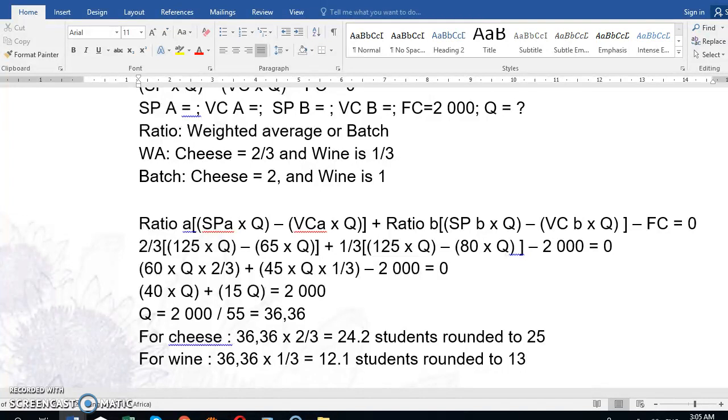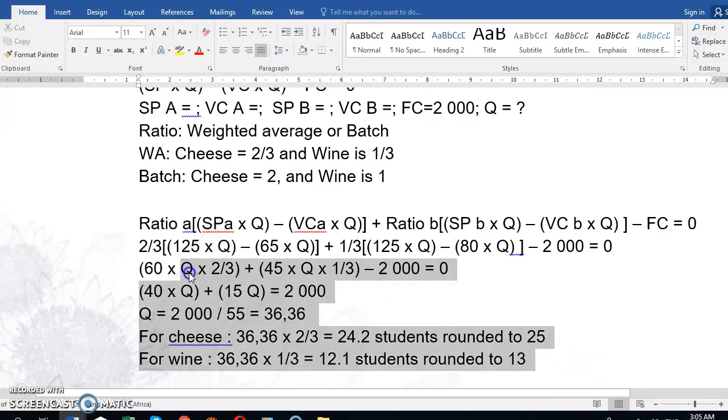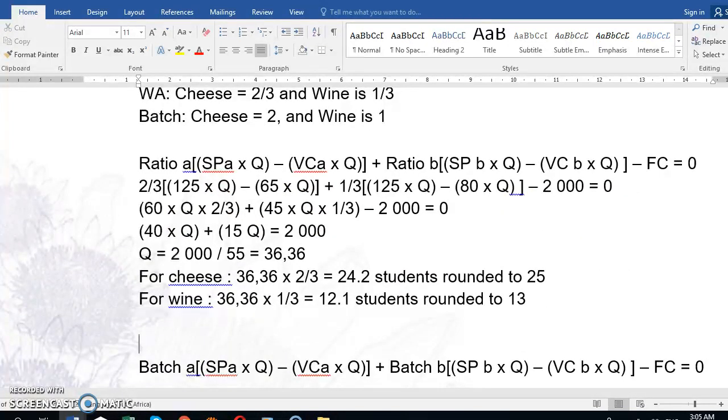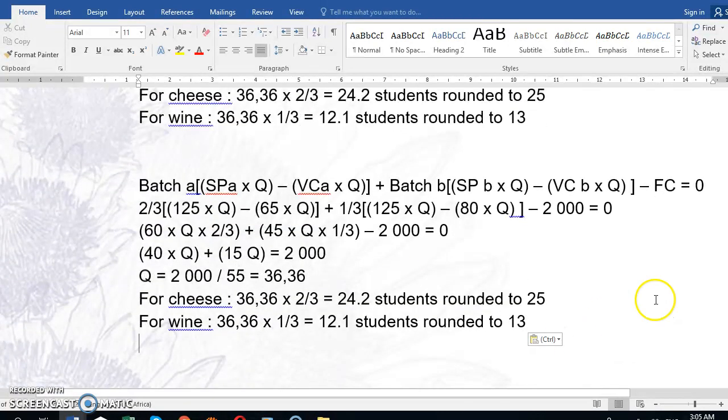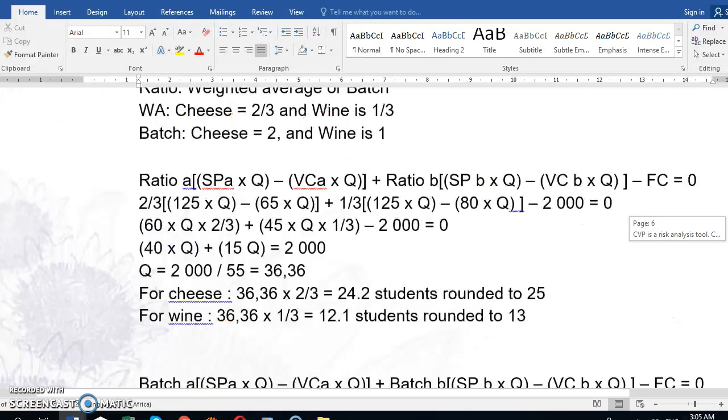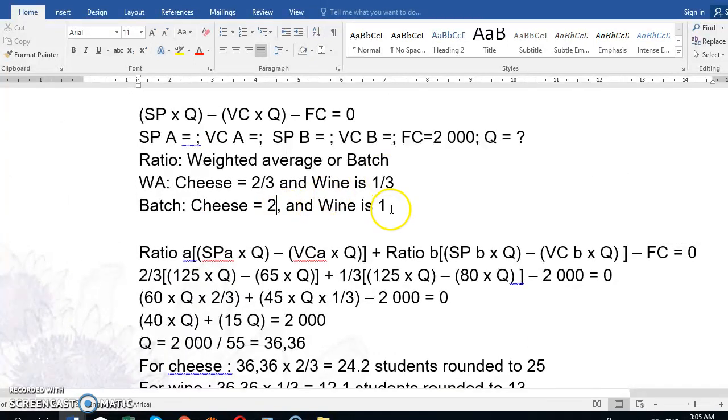So that's the weighted average approach. I'm going to do exactly the same thing for the batch approach, and you're going to see we get to the same answers. Remember the batch approach, instead of using 1/3 and 2/3, we're using 2 and 1.